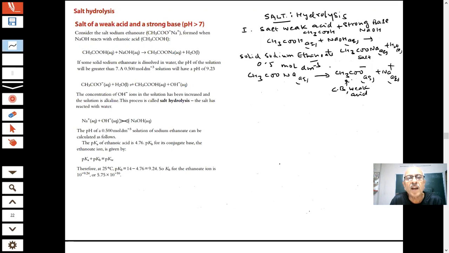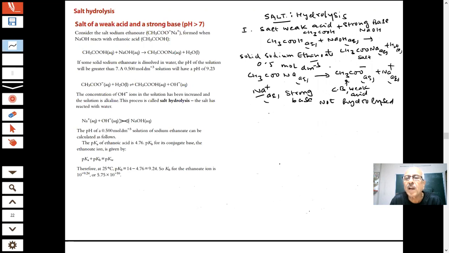Now they are going to be hydrolyzed. What is the result of this? Na plus is coming from a strong base and is not hydrolyzed. Why?